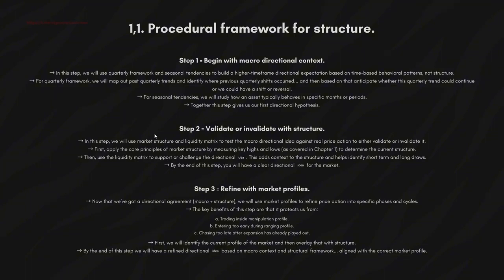Okay, and the way we do that is, first of all, we start with the basics of market structure. We apply the core principles of market structure by measuring key highs and lows and looking at price action, seeing whether price is breaking above highs and rejecting below lows, or breaking below lows or rejecting above highs, which helps us determine the current market structure.